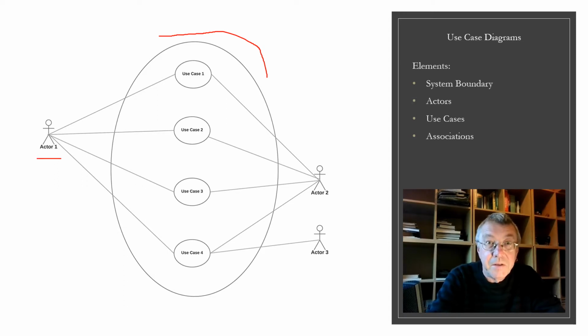The use cases, which are essentially business processes, shown by these smaller ellipses inside the boundary, and associations, these lines that show who is doing what, who is using each use case, each business process. Don't worry if that doesn't all make sense right away. We're now going to work through an example step by step.